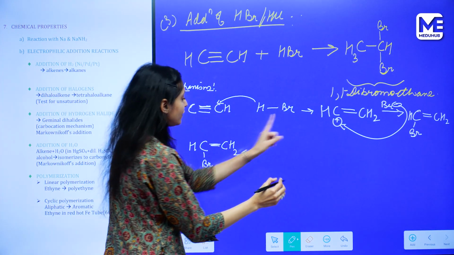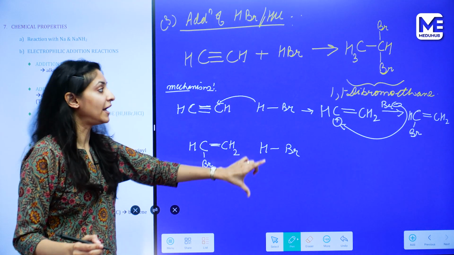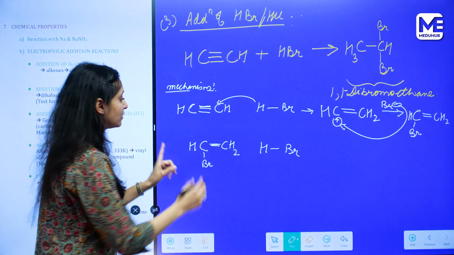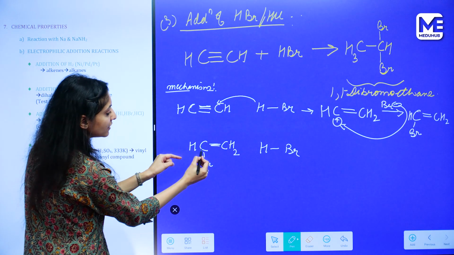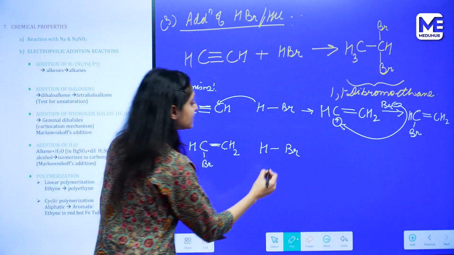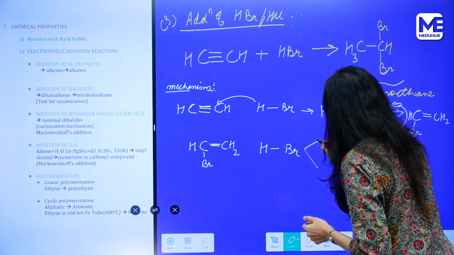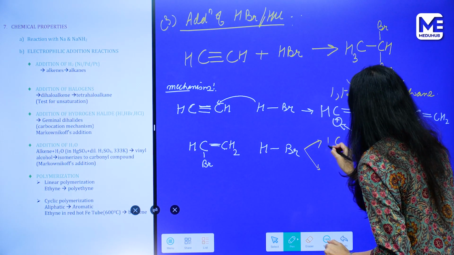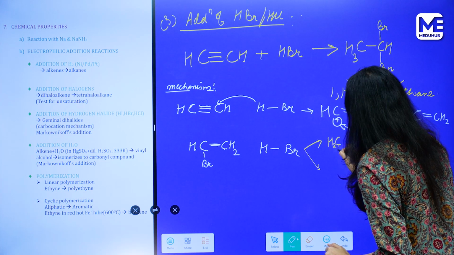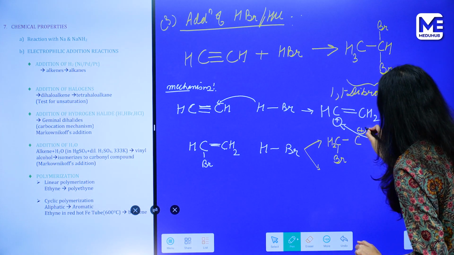Now another molecule of HBr will add on to this. So here two molecules of HBr add on to give a geminal dihalide product. Again, this hydrogen can either attack this carbon or this carbon. Let us see what will happen. The two cases: if this hydrogen attacks this carbon, we will have this carbocation here.